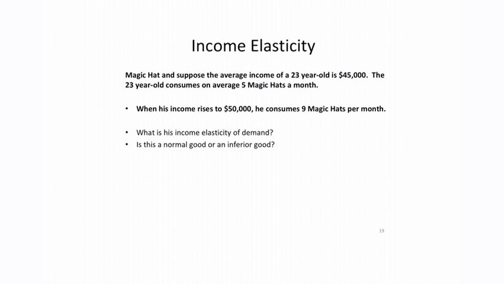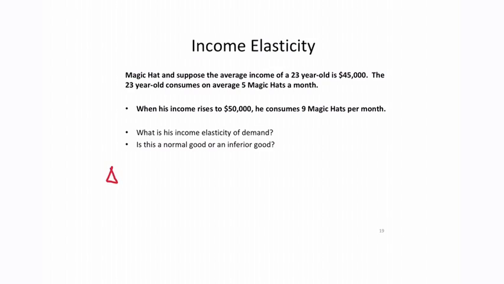So with this information, we want to calculate by how much his demand for Magic Hats changes when his income rises from $45,000 to $50,000. So remember, we're looking at the change in the quantity divided by the change in the income. Q1 is going to be 5 Magic Hats.